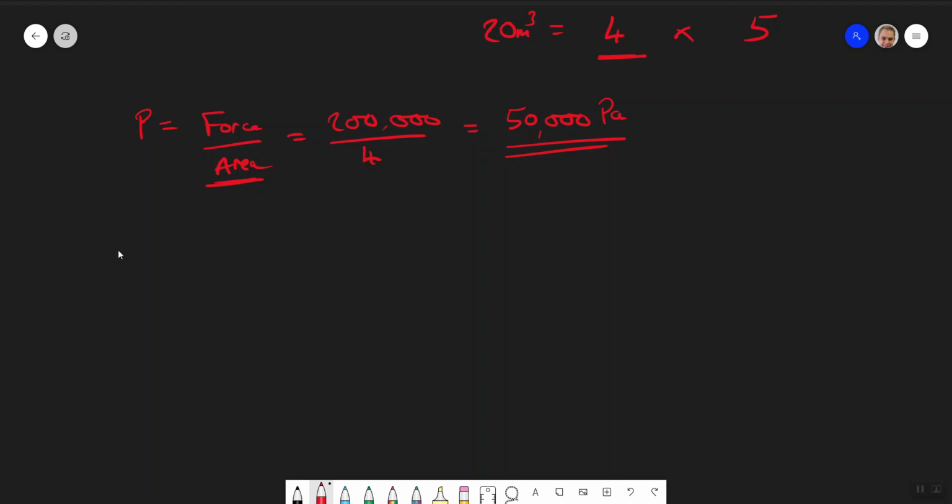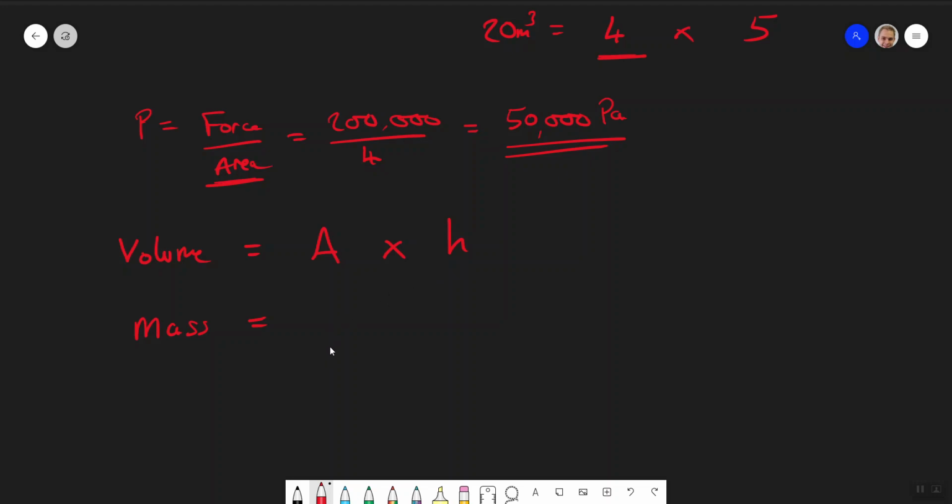We started by saying we want to know the volume, which we got from doing the area times the height of the column. And we therefore wanted to work out the mass, which was equal to the volume, area times height, times the density.